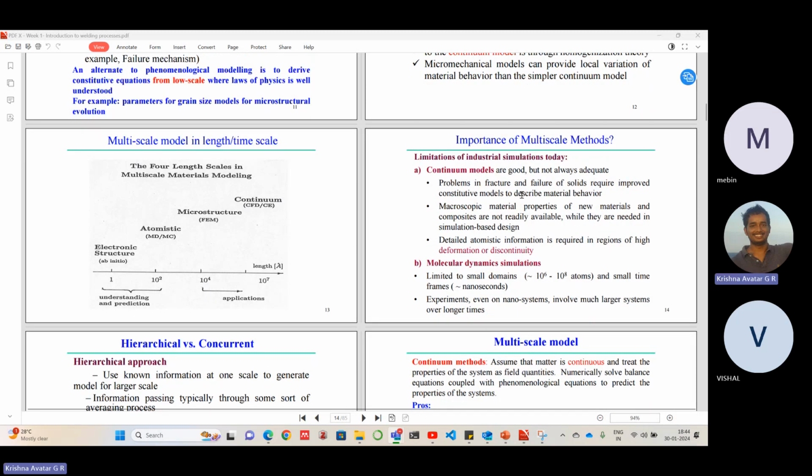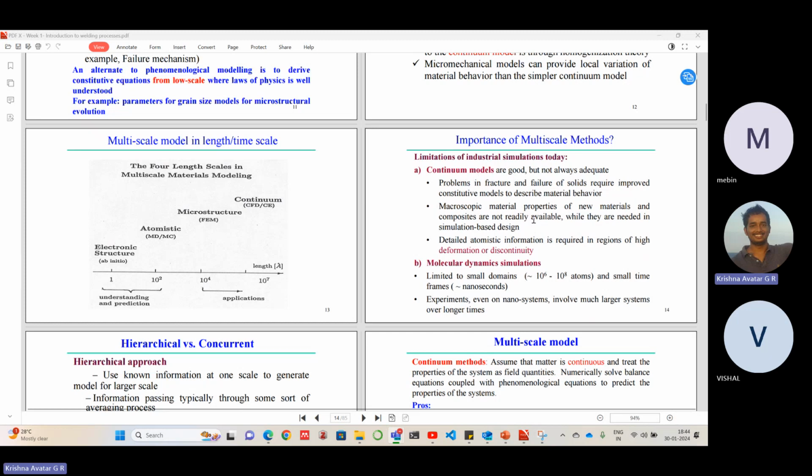There are certain limitations of such simulations as well. Continuum models are good in general, but they may not be adequate if the material distribution does not tend to be uniform in the body. It also assumes that there are no voids in the body.